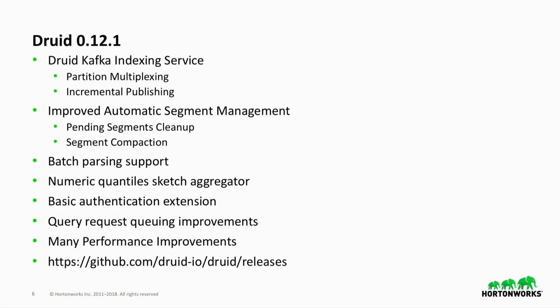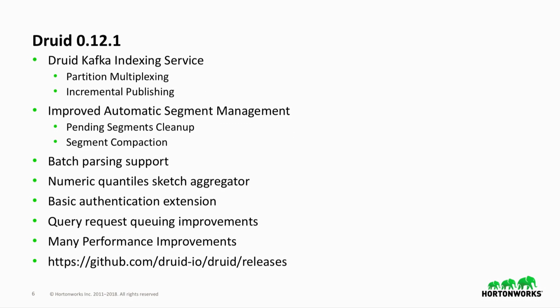For the parsers that parse and ingest data into Druid, we have added support for batch parsing. So rather than handling each event one by one, you can write your custom parsers that parse complete batches. A numeric quantile sketch aggregator was added, and a basic authentication and authorization mechanism was also added in this release.